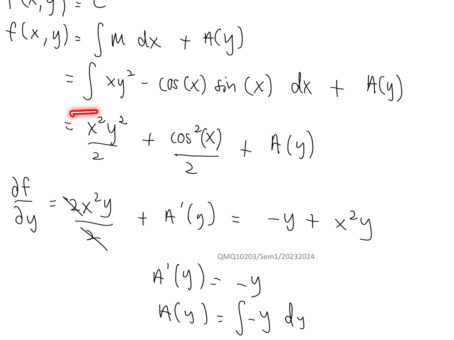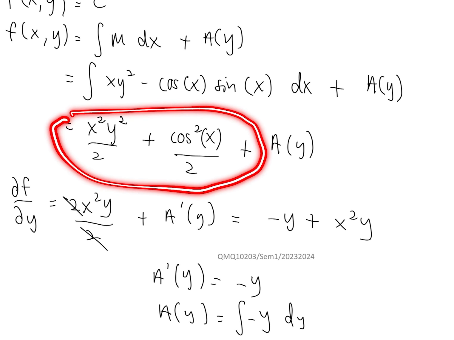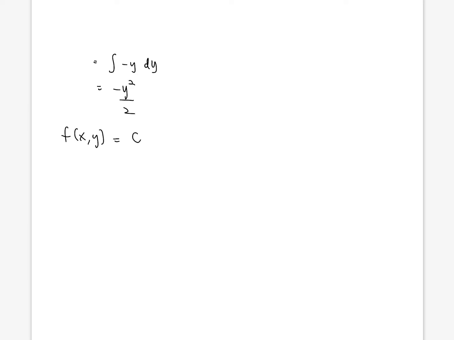This is our f of x y: x squared y squared over 2 plus cos squared x over 2 plus a of y, where a of y is negative y squared over 2. So x squared y squared over 2 plus cos squared x over 2 minus y squared over 2.